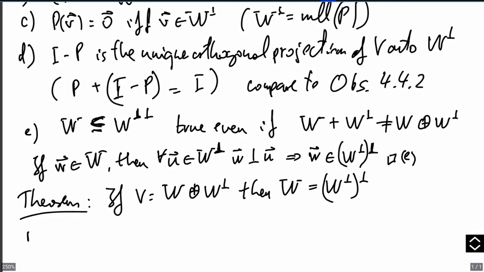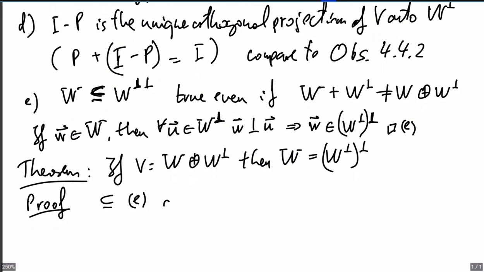So the proof of that one direction we have already. This inclusion is actually E. So this is done. What we have to show for equality is the other type of inclusion. So we have that W perp perp is in W subspace.